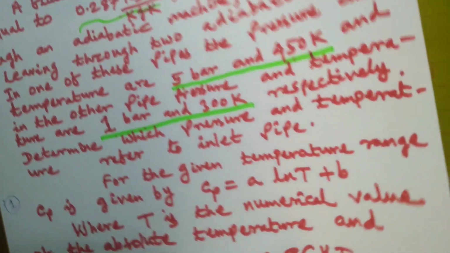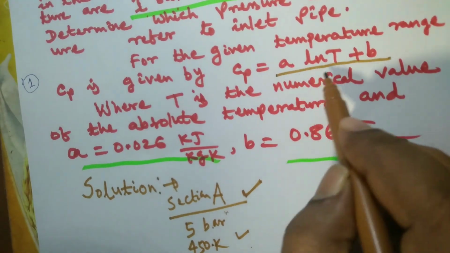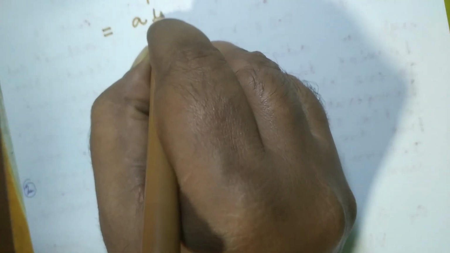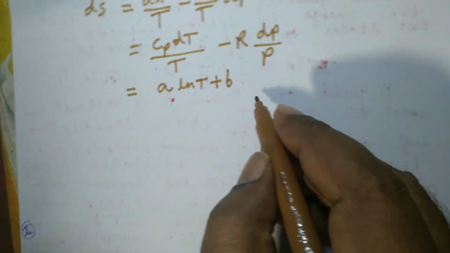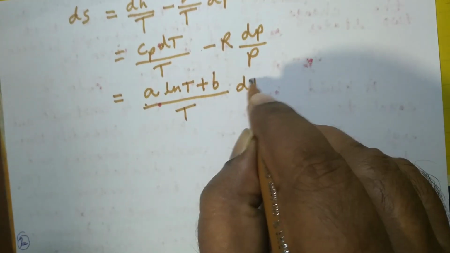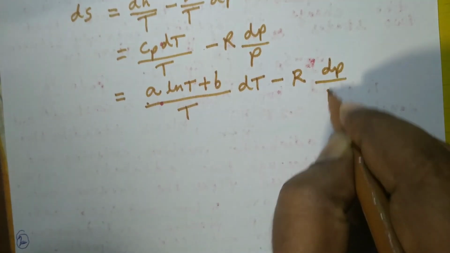You know, Cp is given to be A ln T plus B. So in place of Cp, we can write (A ln T plus B) divided by T dT minus R dp/p.